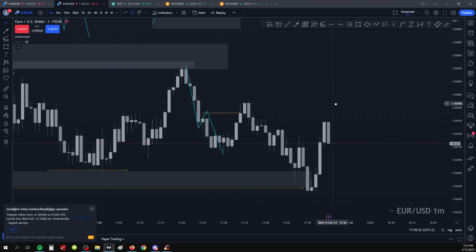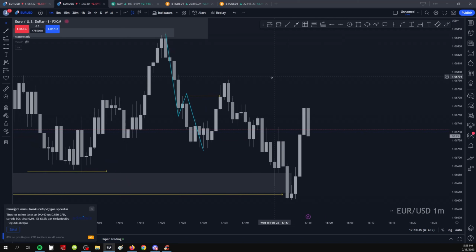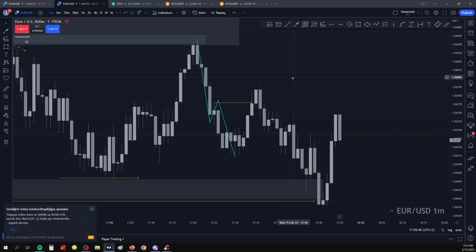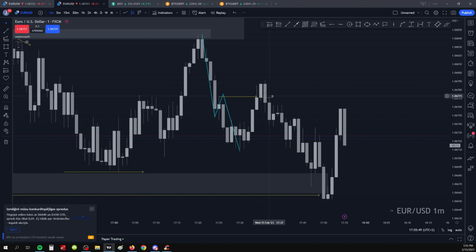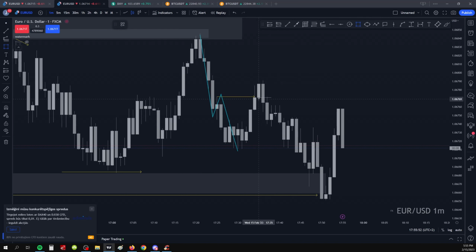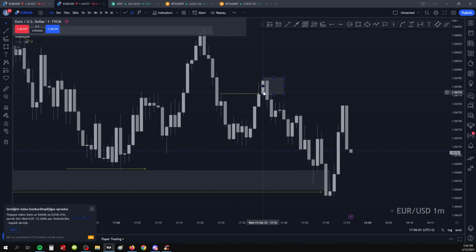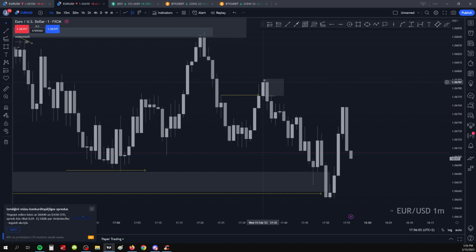Like here also, I have 2 places I can show you what this means. This candle, this could have been the entry, the perfect entry, because we took out this liquidity, the highest body candle was this.